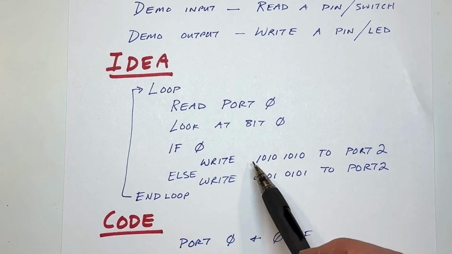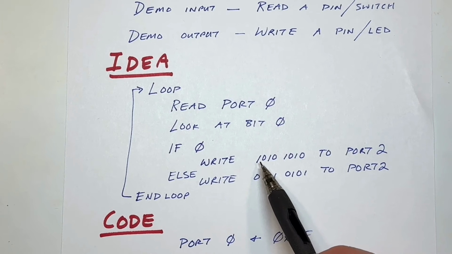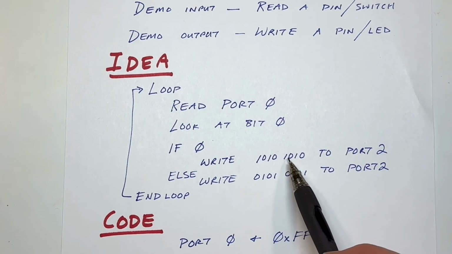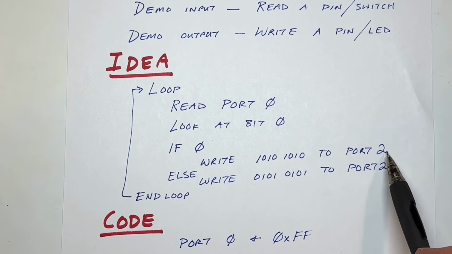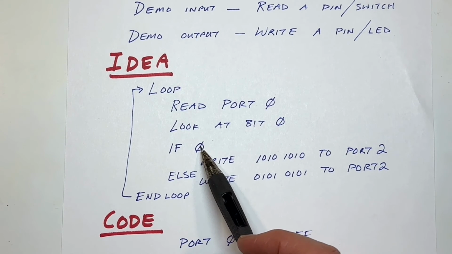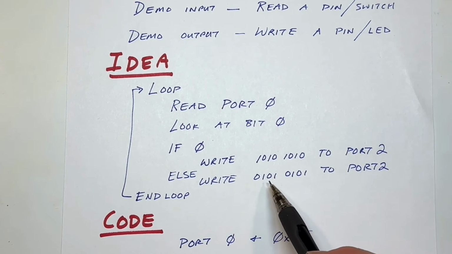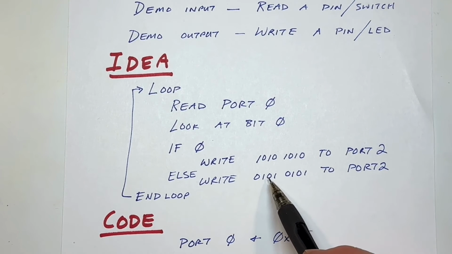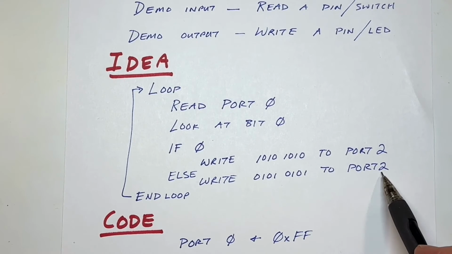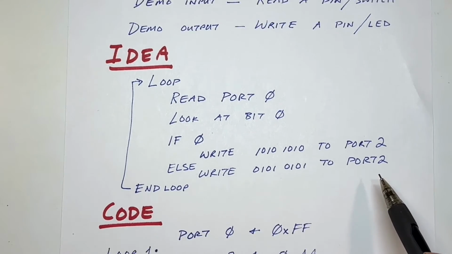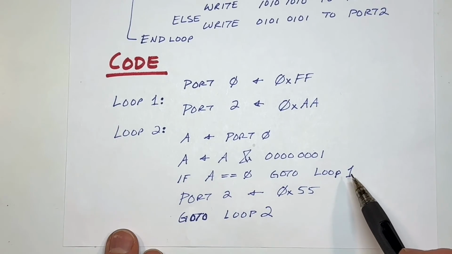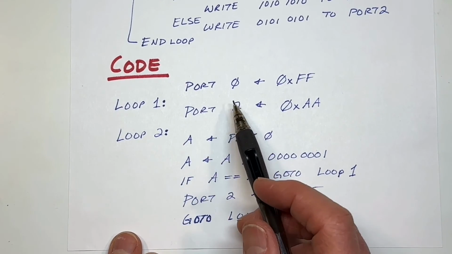And if it's 0, we're going to write hex AA, 10101010, to port 2, and if it's not 0, then we'll write the opposite, 01010101, or hex 55, to port 2.